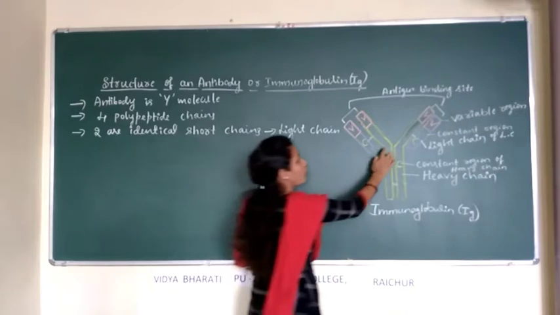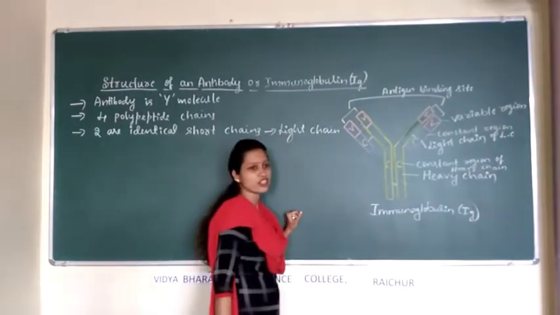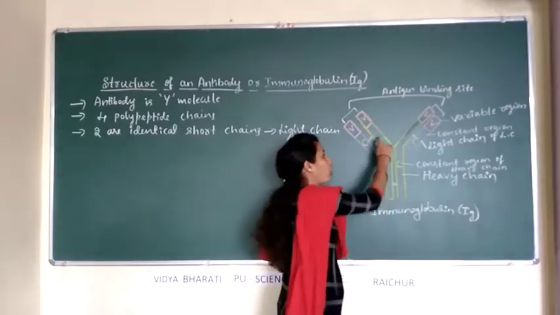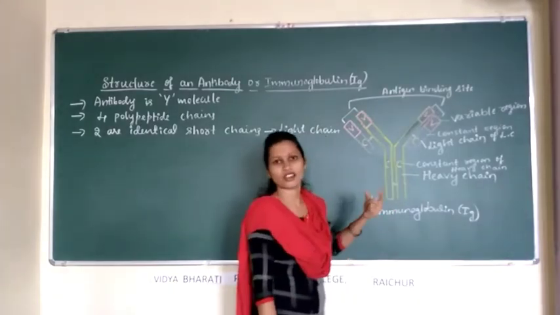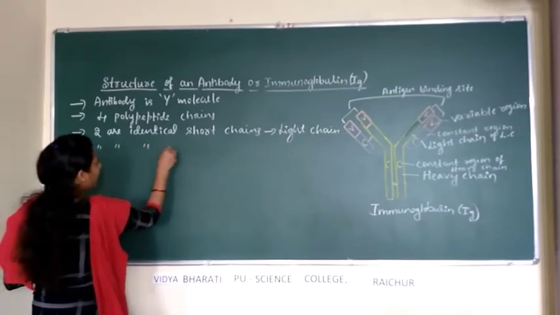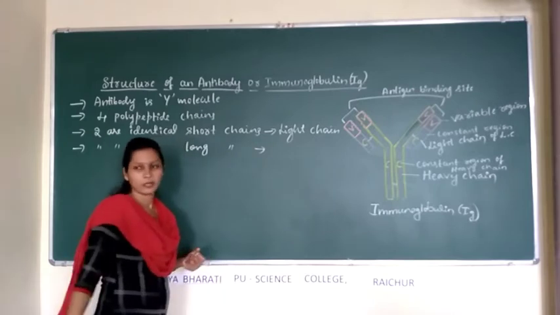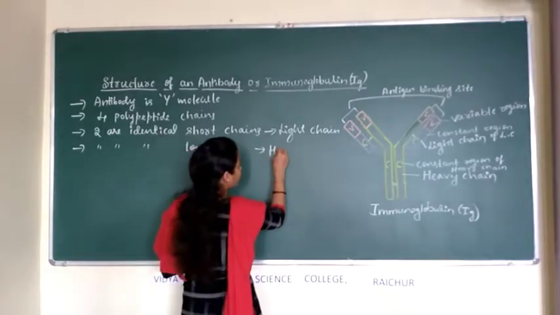Whereas the remaining 2 polypeptide chains are identical long chains. They are called heavy chains.